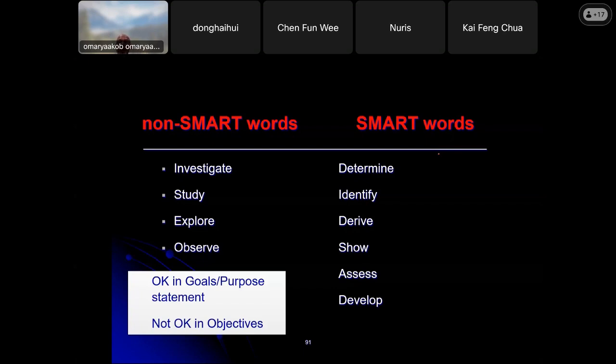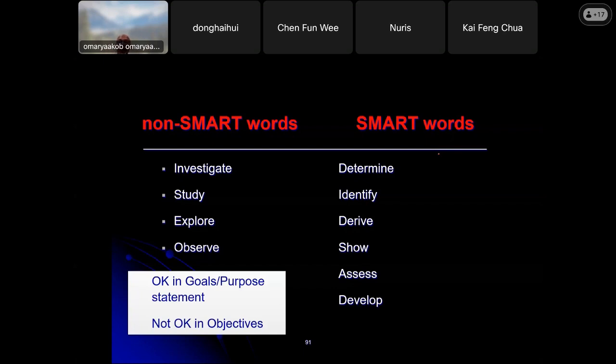He needs to use determine, or identify, or show, or assess, or develop, this kind of words. No longer using investigate or study. John is studying the amount of sugar, John is exploring the use of different amounts of sugar, he is observing and so on. Yes, that's in the goal.